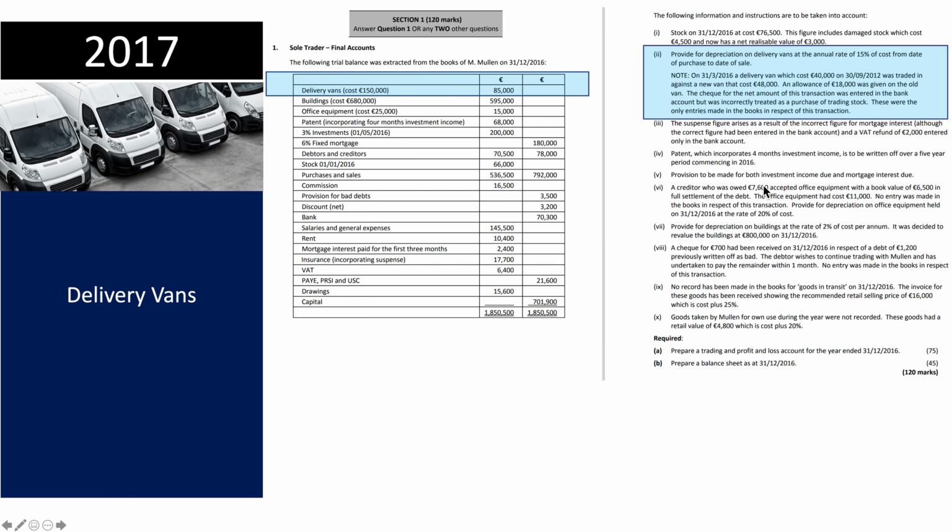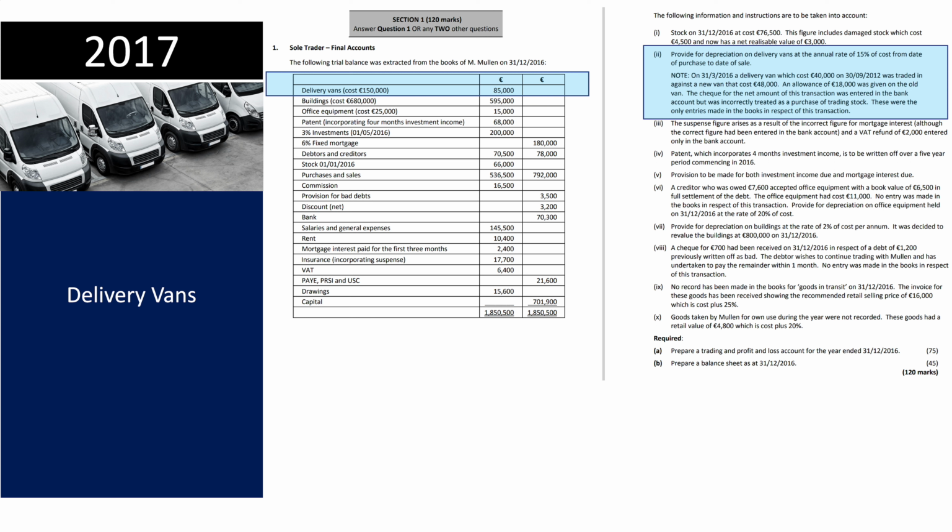Okay, moving on then to the 2017 question. Sole trader M. Mullen. It was adjustment number 2 here. Provide for depreciation on delivery vans at the annual rate of 15% of cost from date of purchase to date of sale. Note, on the 31st of the 3rd, 2016, a delivery van which cost 40,000 on the 30th of the 9th, 2012 was traded in against a new van that cost 48,000 euro.